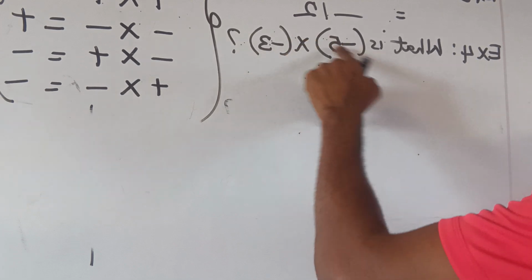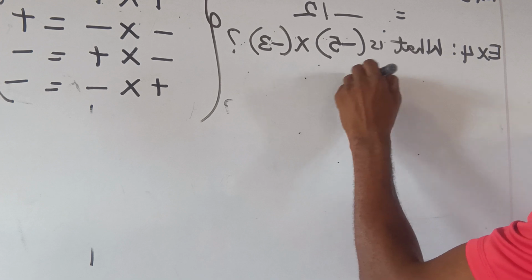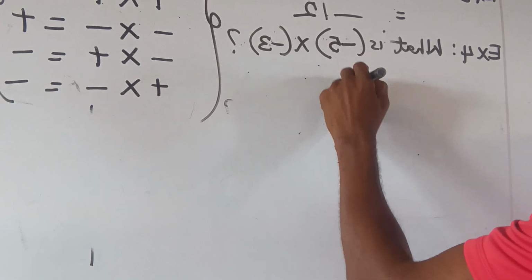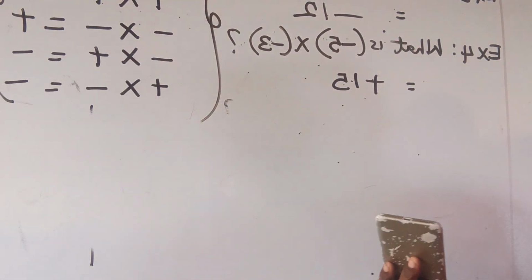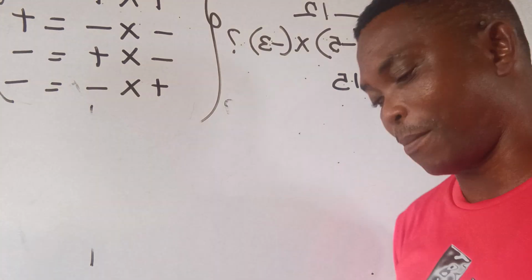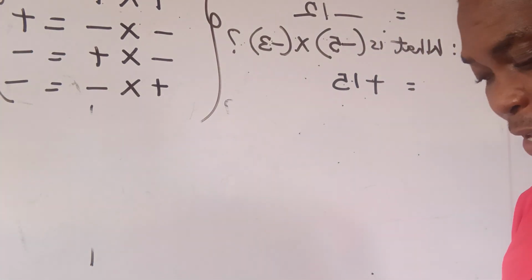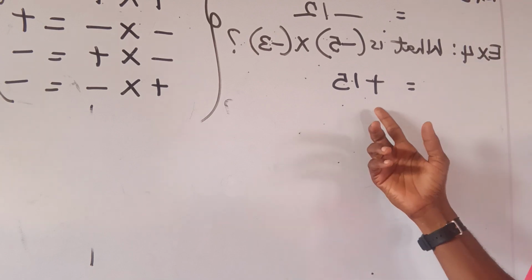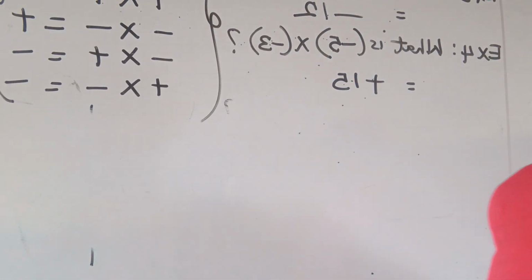They are the same sign. It will give you positive. So minus times minus is plus. 5 multiplied by 3 is 15. So your answer is what? Plus 15. Minus 5 times minus 3 is plus 15. So that is how they arrive at plus 15 in the study material.